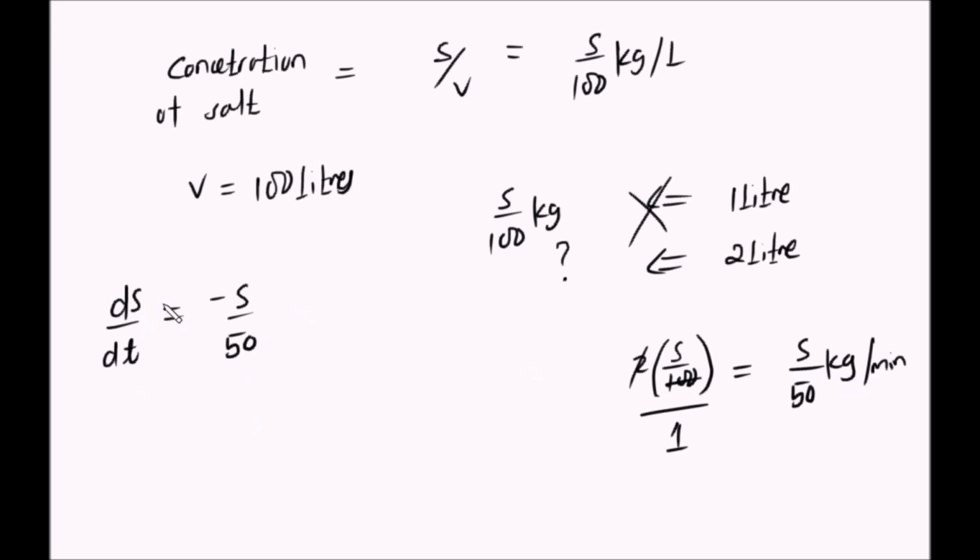So here if I cross and multiply, dS over S is going to be equal to negative 1 over 50 dt. So I'm going to integrate both sides. Upande wa kushoto, dS over S ukiintegrate tunabaki na ln of S. Upande wa kulia ukiintegrate dt unabaki na t plus constant.